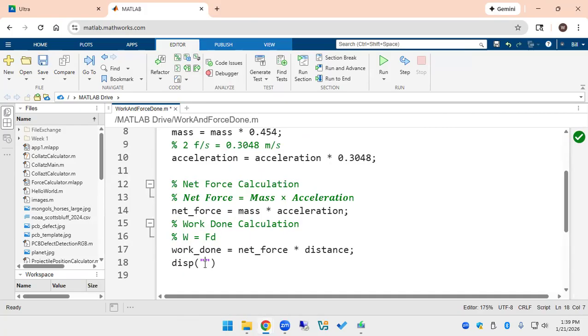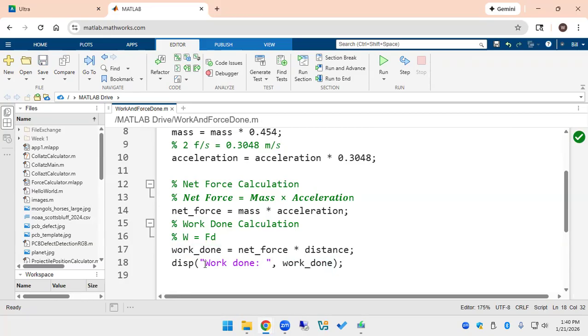So the first thing I want to do is, work done, that's our ultimate thing. Then comma, and I'll put in work done as the variable, and now we can do a beta test on it and see if it works. Then you can make it look pretty later.